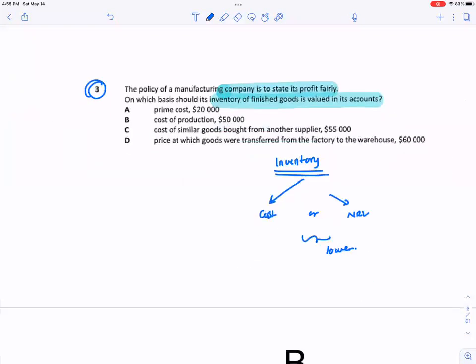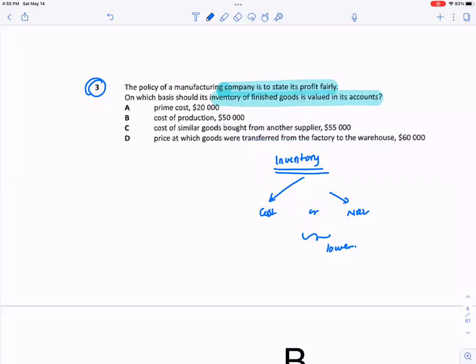So on what principle will he value the manufactured inventory? At prime cost or at the cost of production? Cost of production.